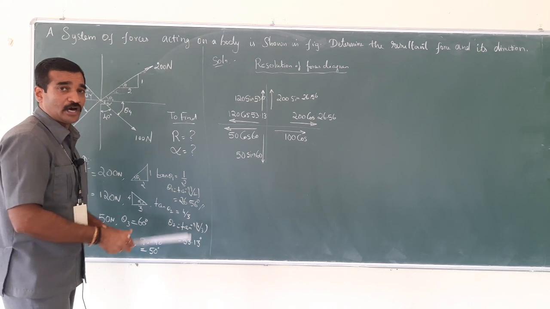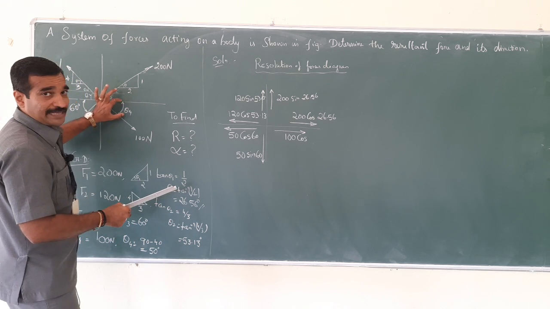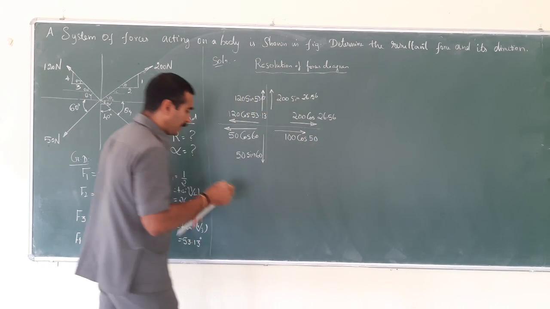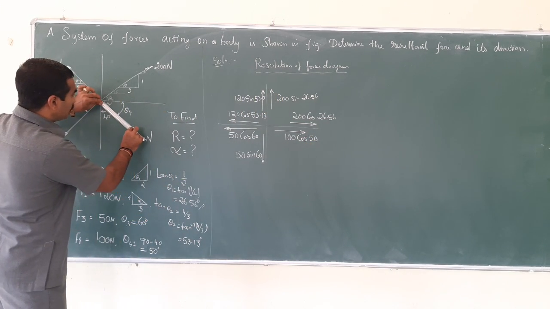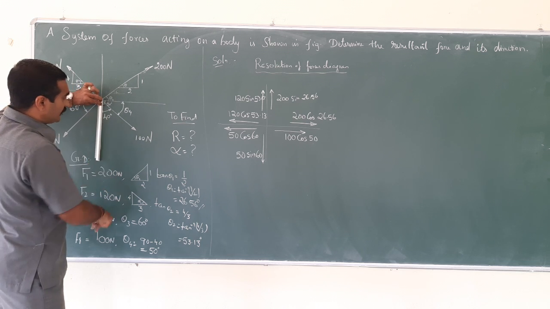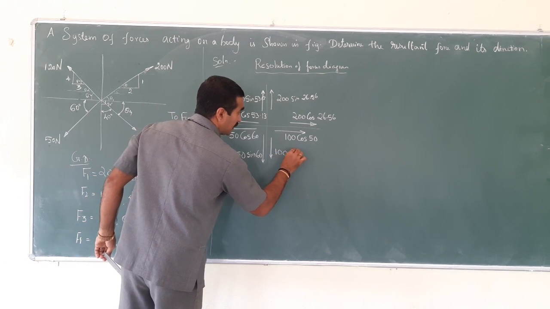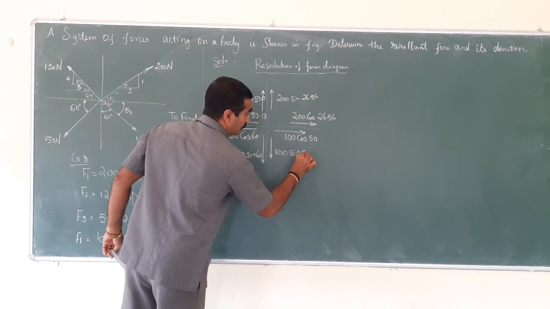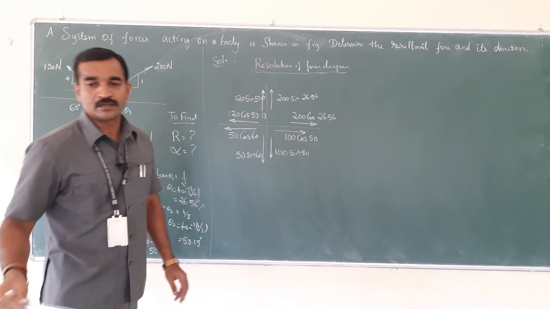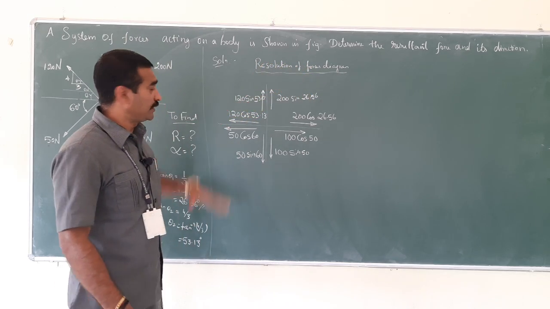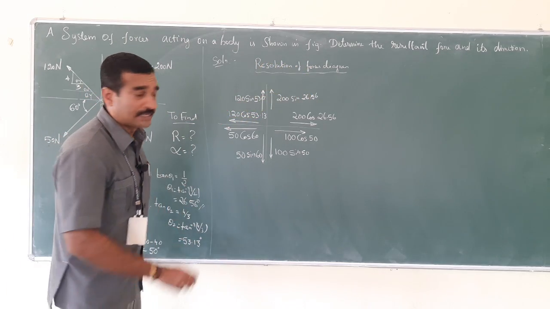The force should be always with horizontal, that is x-axis, that is 50 degree. And nearer vertical is vertically downwards, which is 100 of sine component, sine 50. Got it?